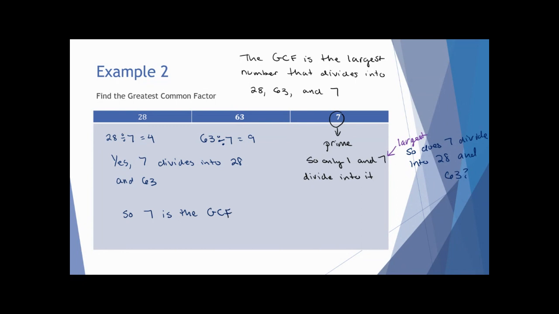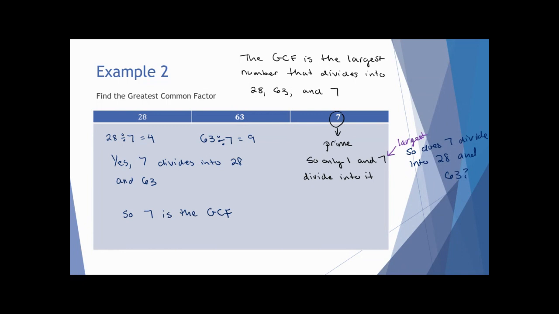So this is just another way of thinking about the greatest common factor, thinking about it mentally, as a little puzzle. Take your smallest number and think about what can I divide into there, and then see if those divide into the other numbers.